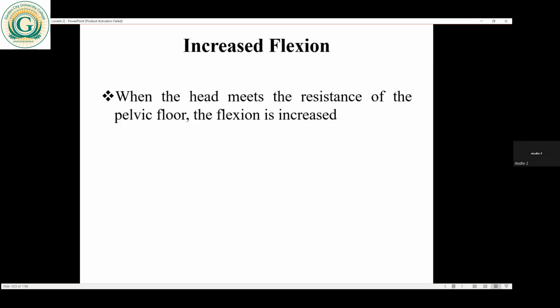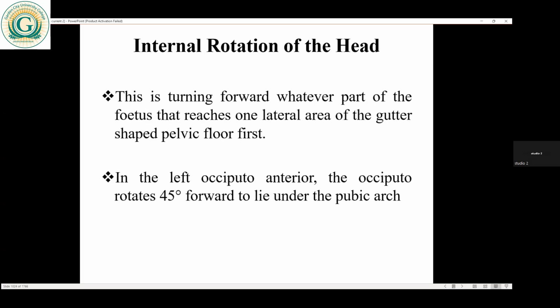Then as it comes, it keeps on curving itself. We call it flexion. When the head meets the resistance of the pelvic floor, it flexes, and that is good. Then internally, it rotates. When the baby comes, it goes to the posterior part of the pelvis and rotates, turning forward, whatever part of the fetus reaches the lateral area of the gutter-shaped pelvic floor first.